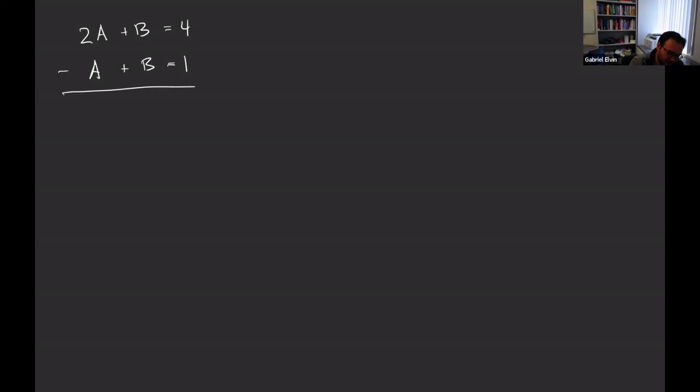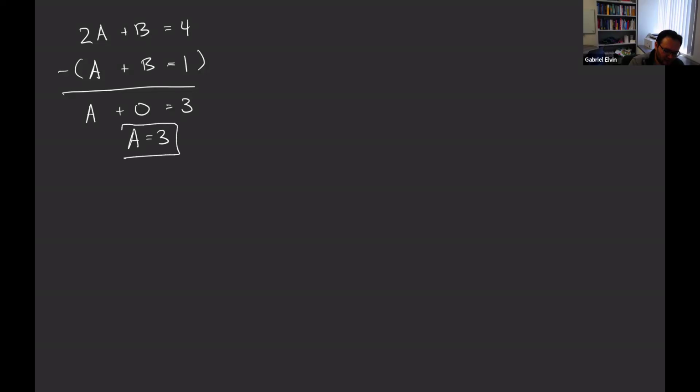So if I subtract the second equation from the first, then 2a minus a is just a single a, b minus b is 0, and 4 minus 1 is 3. So a equals 3.